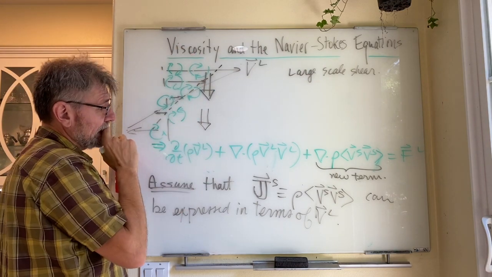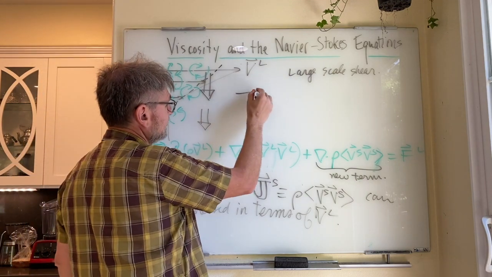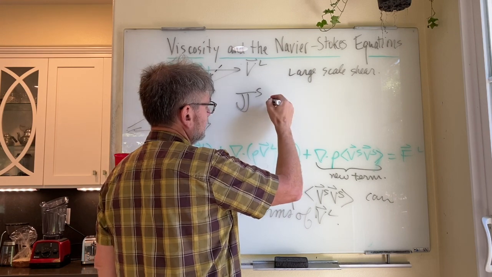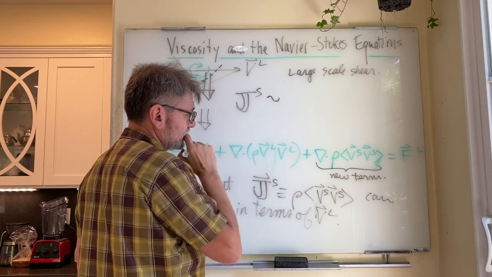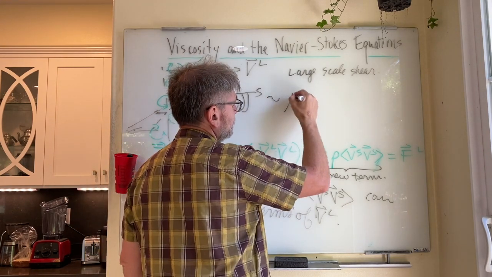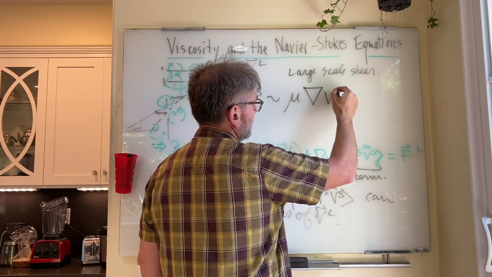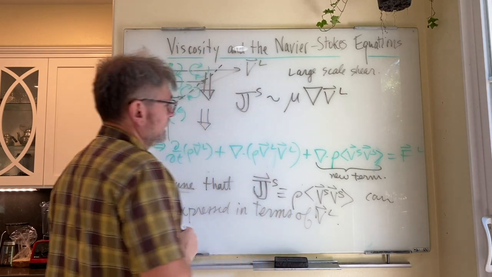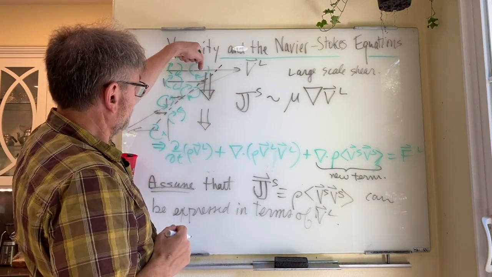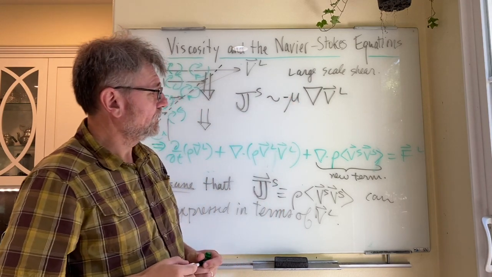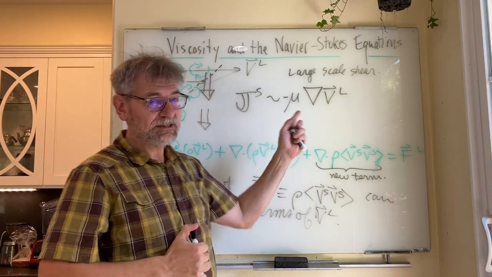So we're going to assume that J is some constant mu times the gradient of the large scale velocity. And more than that, it goes from the high momentum to the low momentum, so there's going to be a negative.